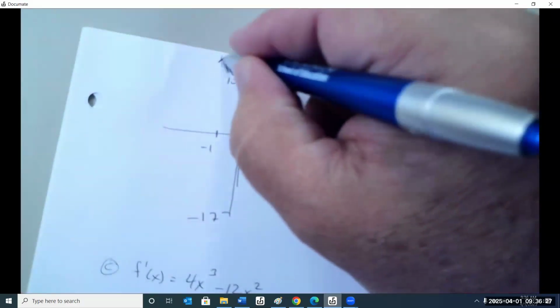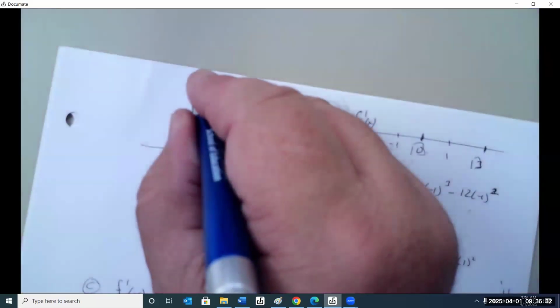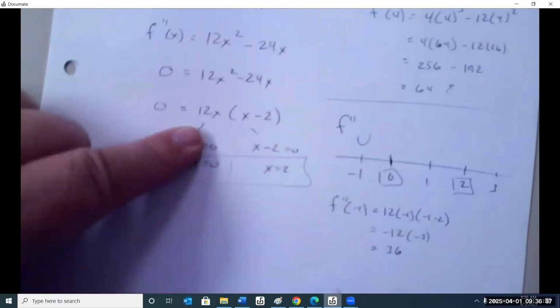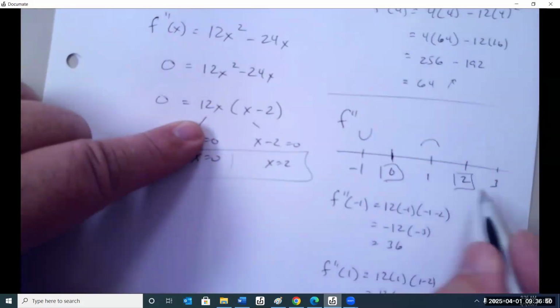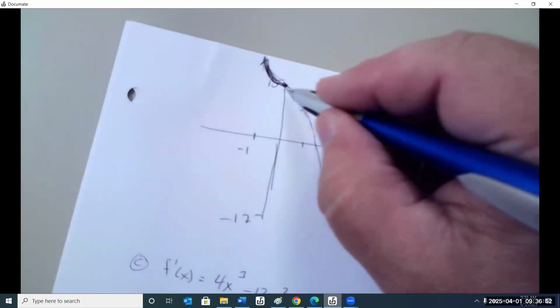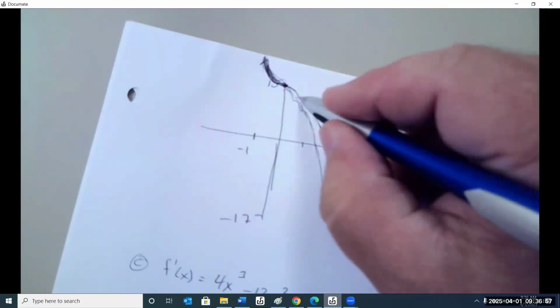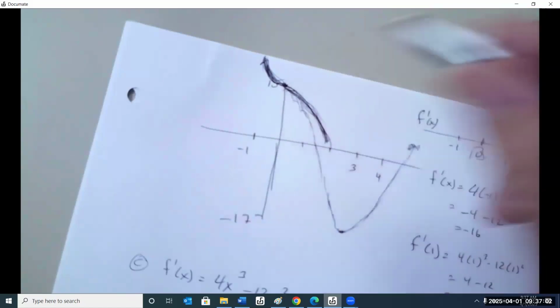So on this side, it's concave up. So the graph will look like this. At 1, 12 times 1 times (1 minus 2) is -12. So between 0 and 2, it's got to be going down. It looks something like that.